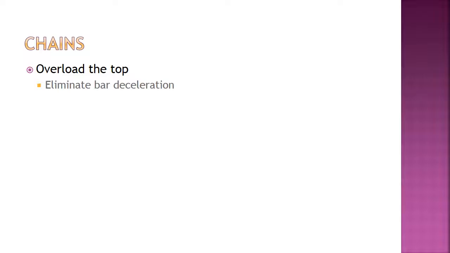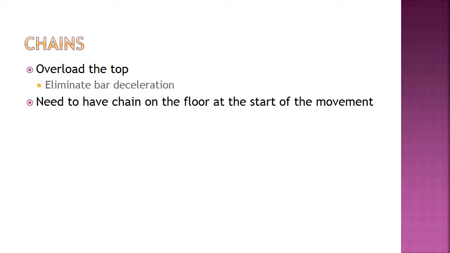If you look at the way the chains are set up, the key with utilizing chains is that you want to make sure some of the chains are touching the floor. When the chains are on the floor, they deload, and then as you go through the movement, the chains gradually come up off the floor and overload the top of the movement.